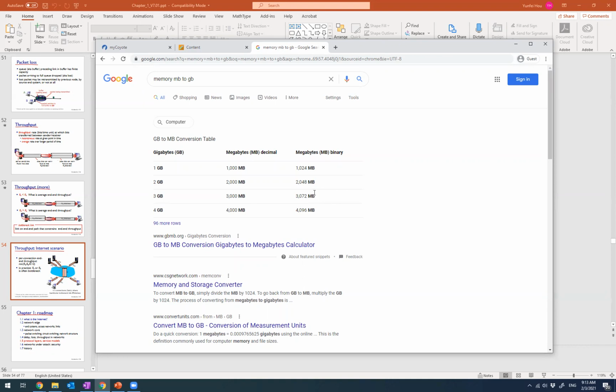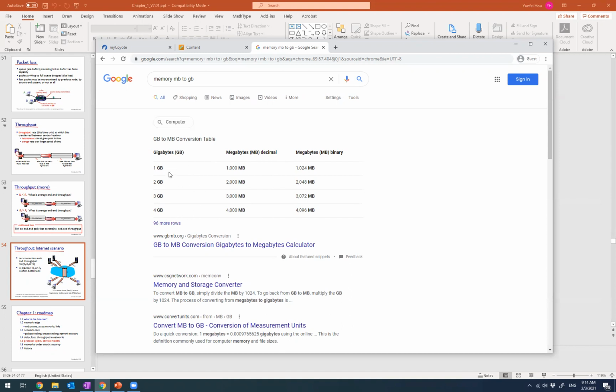But probably to make this value look larger, the manufacturers of jump drives and SSDs oftentimes use these decimal megabytes, and they mark them in terms of gigabytes.